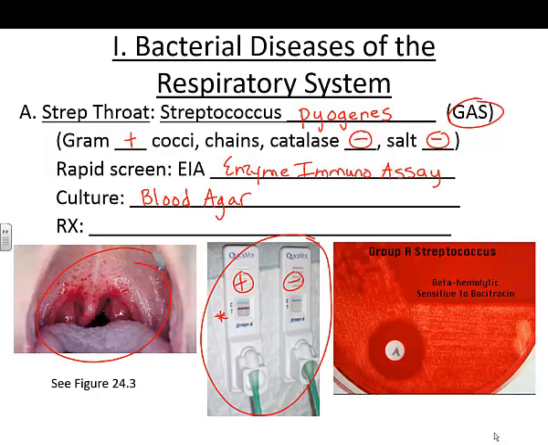Streptococcus pyogenes, though, is the only one which is beta hemolytic and also sensitive to bacitracin.